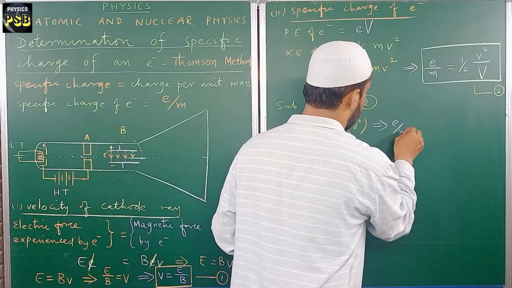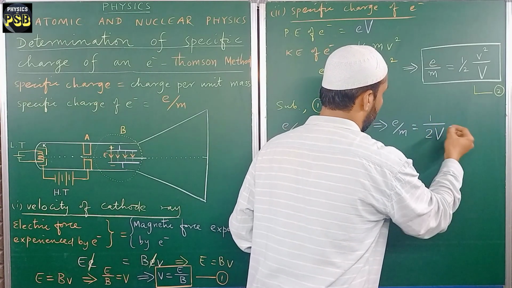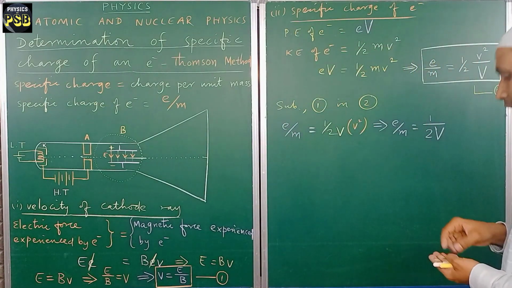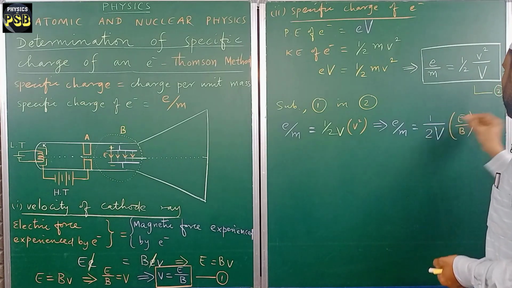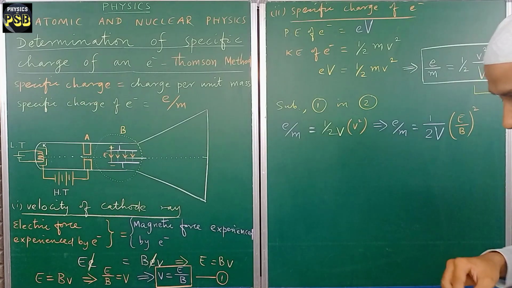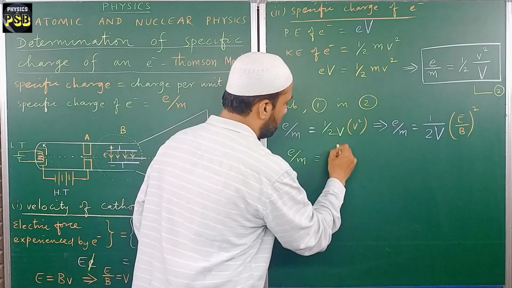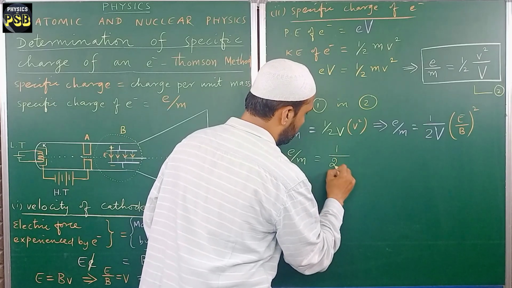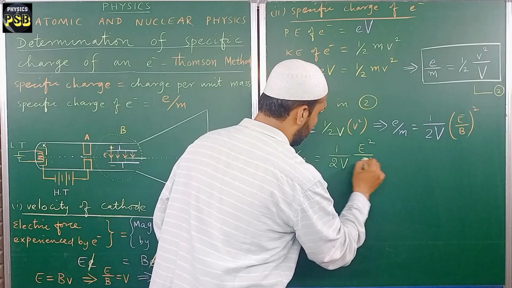So e by m equals 1 divided by 2 multiplied with capital V, and small v, the value of small v is E upon B, squared. Okay. Now this can be expanded and written here as e upon m equals 1 upon 2V, E square upon B square.